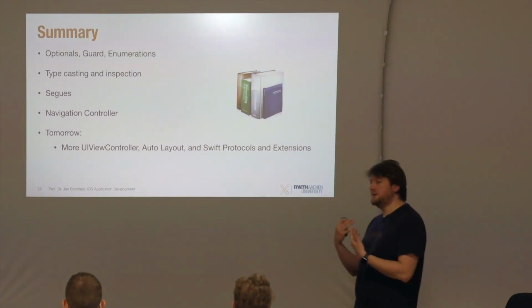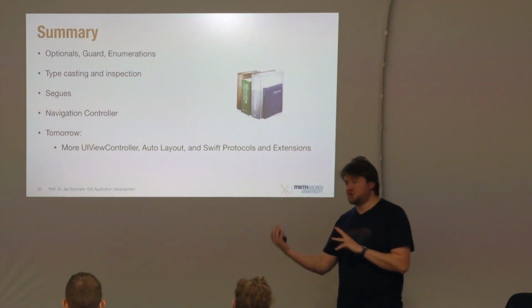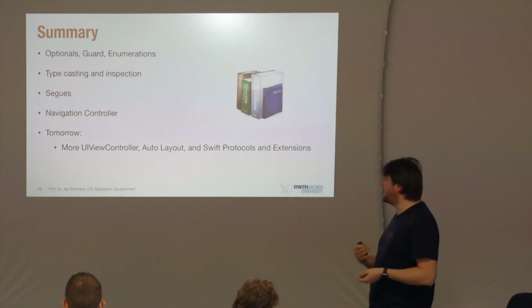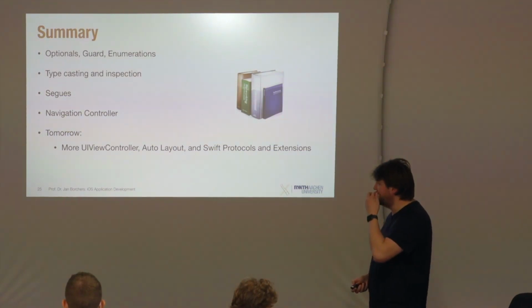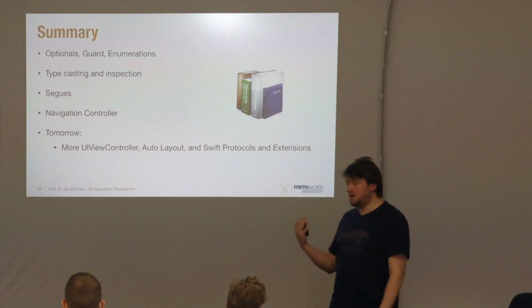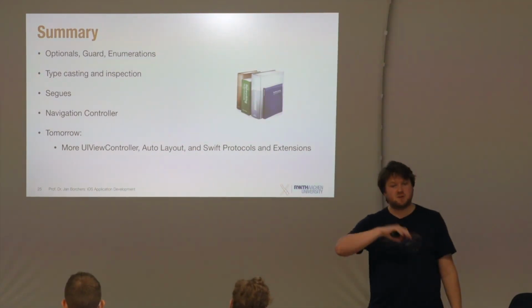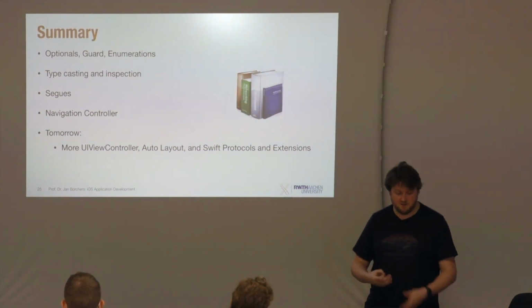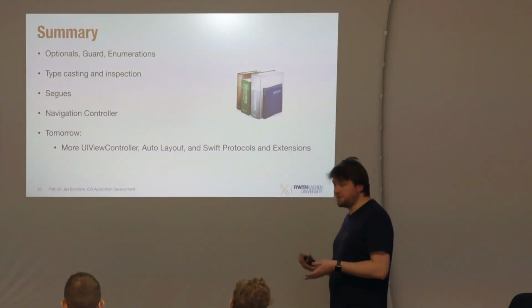Typecasting and inspection: how to check whether a variable is of a specific type, cast it to that, and react to those. And then in the end, on the UIKit side, we looked a little bit more at how we transition between different views and view controllers, and how we can use navigation controllers and tab controllers for that.